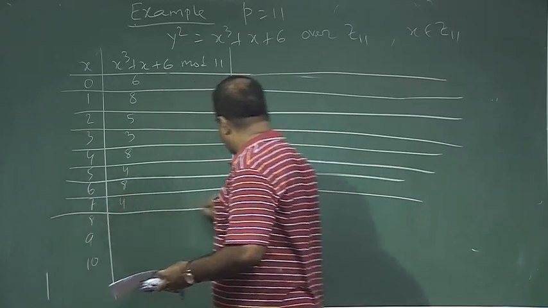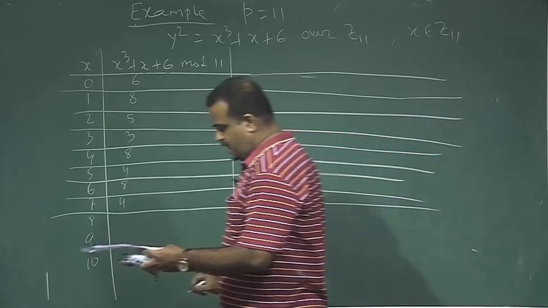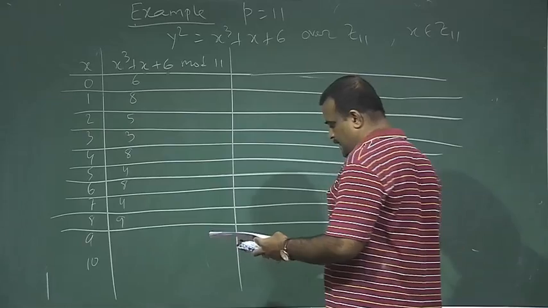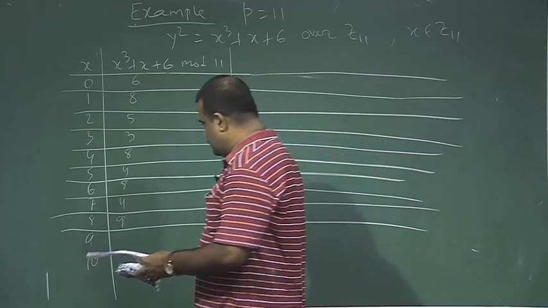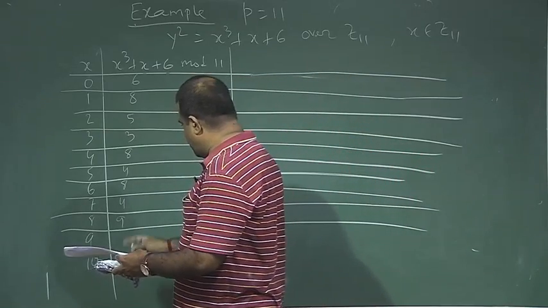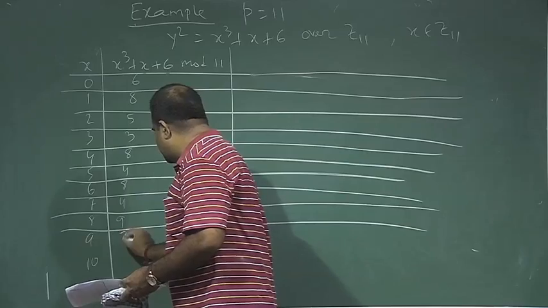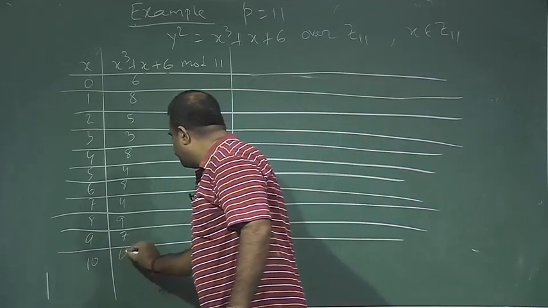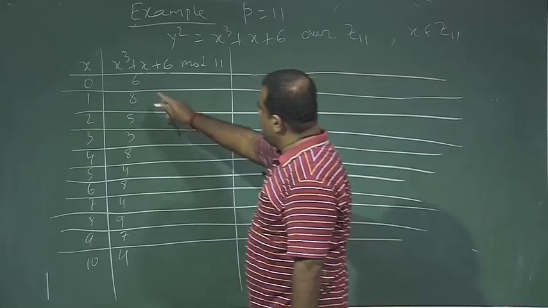So, just put the value and take the mod 11. For 8 we are getting 9, for 9 we are getting 7, and for 10 we are getting 4. So, these are my y squares.